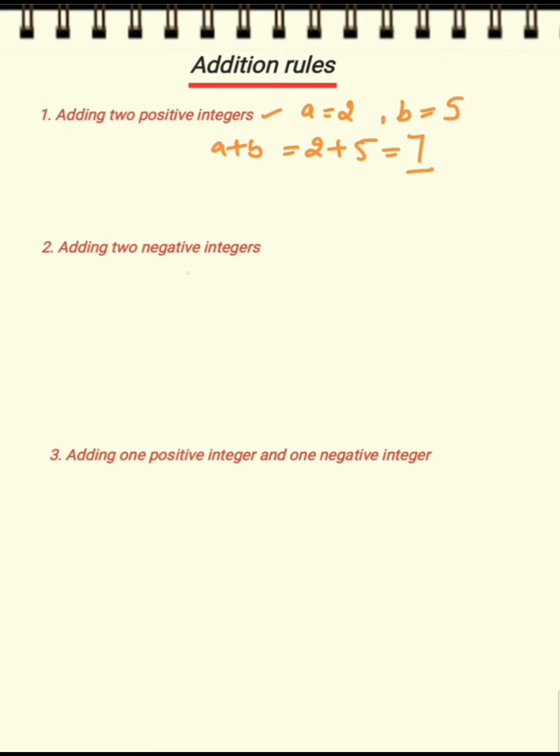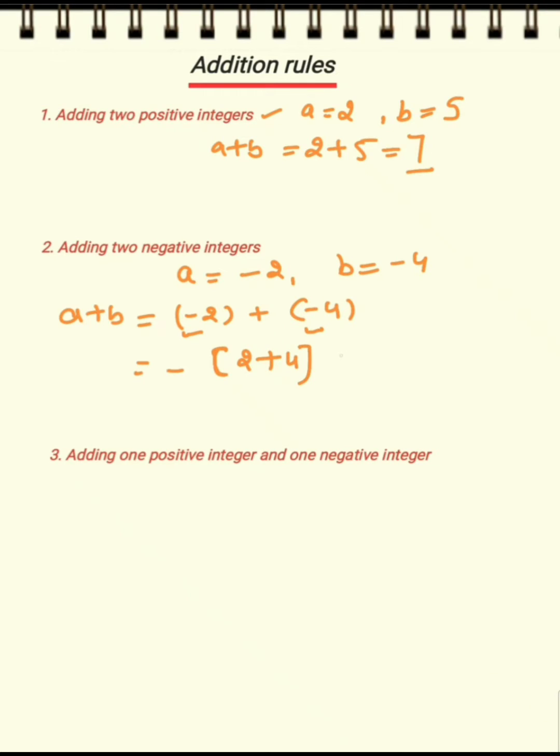Adding two negative integers. Let's take a equal to negative 2 and b equal to negative 4. Then a plus b is equal to negative 2 plus negative 4. We will take this negative sign out from both these numbers and we can write this as 2 plus 4. So it will become negative 6. So after adding two negative integers, we will get a negative result.